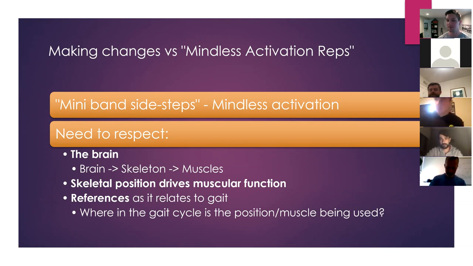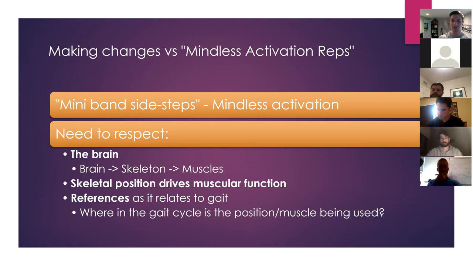That sounds like a great idea. But to me, I call that mindless activation reps, because what they're trying to say with giving someone that exercise, whether they're consciously aware of it or not, is, I want to facilitate the activation of this muscle. And if I do that enough times, that's going to change my pelvic position, hopefully. And then if I do that enough times, then hopefully my brain will adapt to that and go, okay, I can survive here, I can live here.